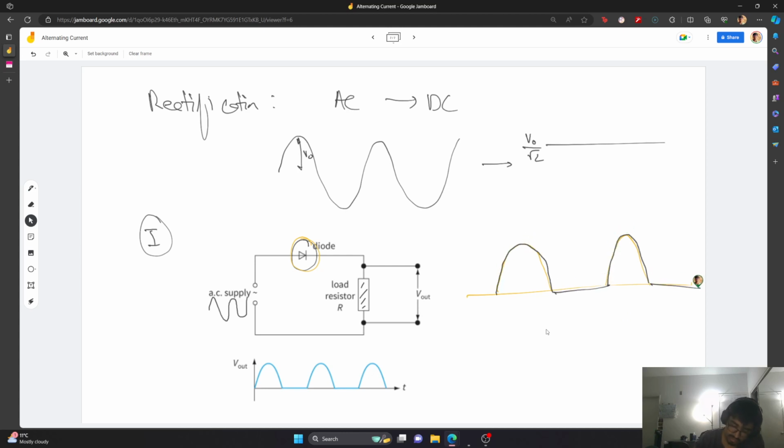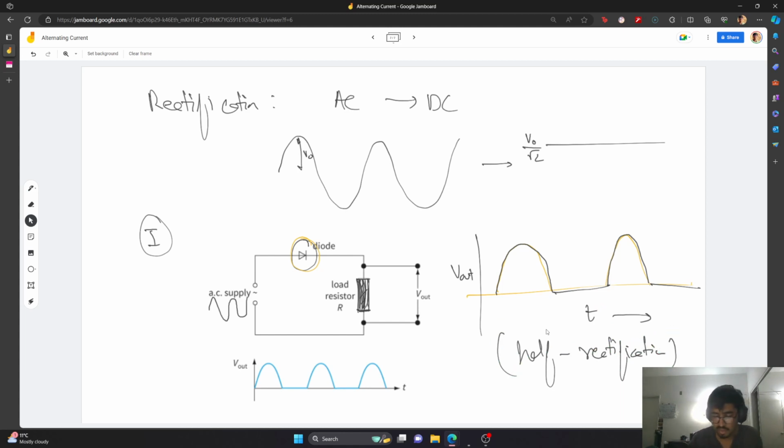So what I'm plotting here is V out, which is the voltage drop across the resistor with time, right? It should have copied the signal fully, but it only does what we call half rectification. In the sense that at least current is not going the other way, but the problem is it's not giving us anything during the other half, right?